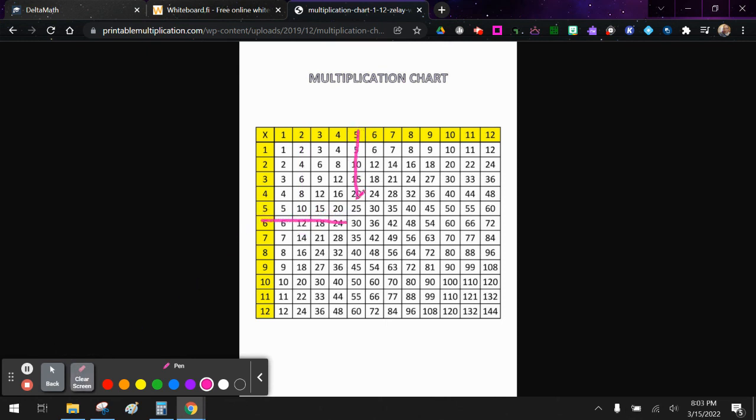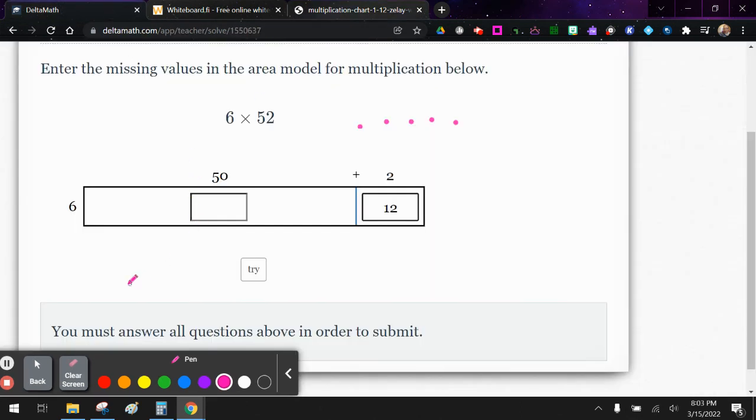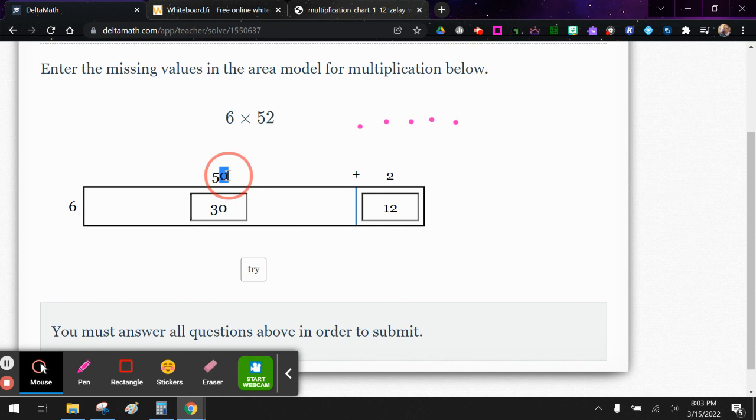There's 5. And it gives you 30. So in that spot underneath the 50, you're going to type in 30. But then, remember, you've got another 0 here. So now you have to make sure you add that 0 at the end. So therefore, 6 times 50 is 300.